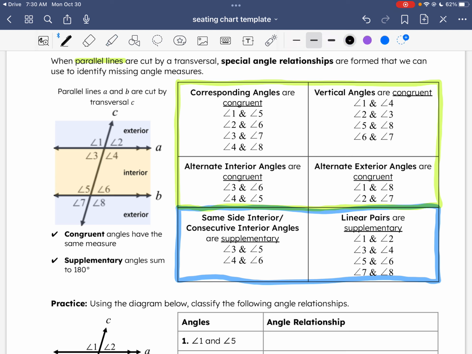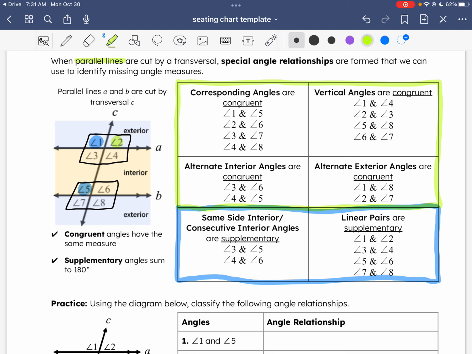Corresponding angles are angles that are in the same position relative to the parallel lines. So think about this group of 4 angles and this group of 4 angles being 2 different groups. The corresponding angles are going to be the ones in the same position. So angle 1 is in the top left and angle 5 is in the top left, so they are corresponding.